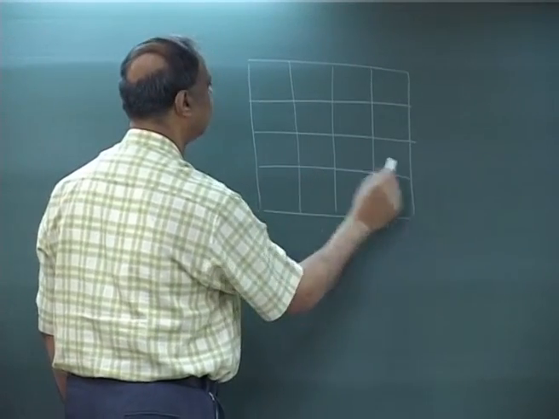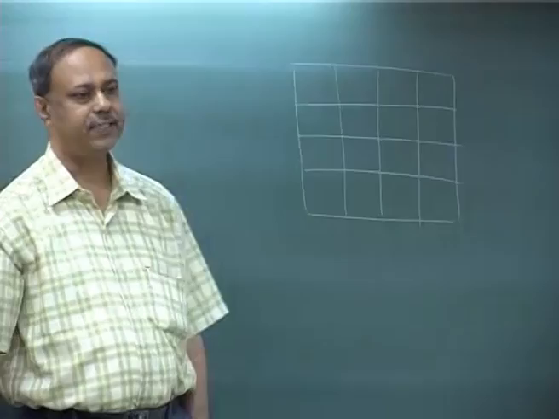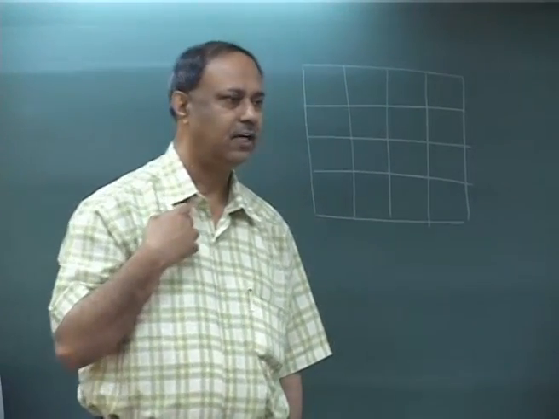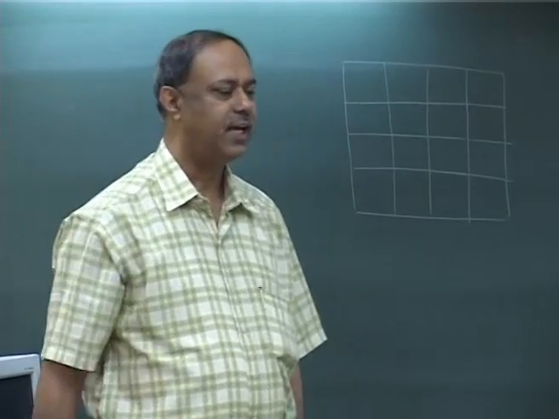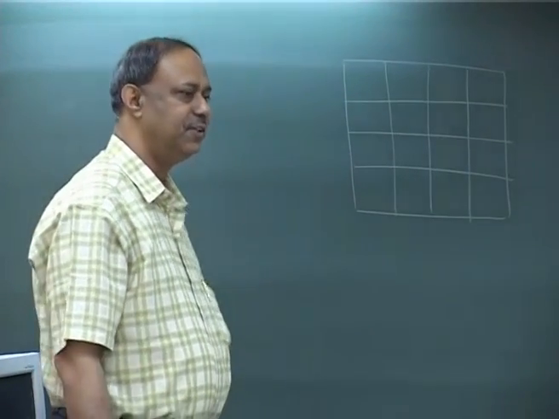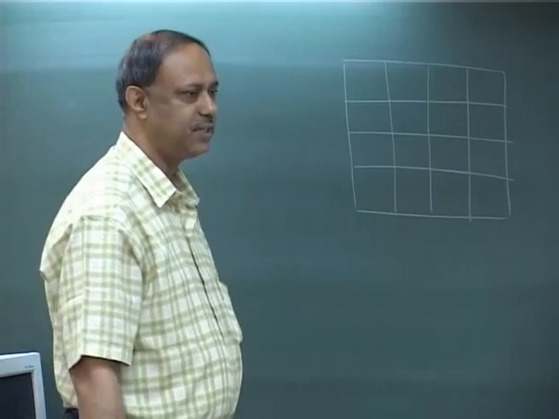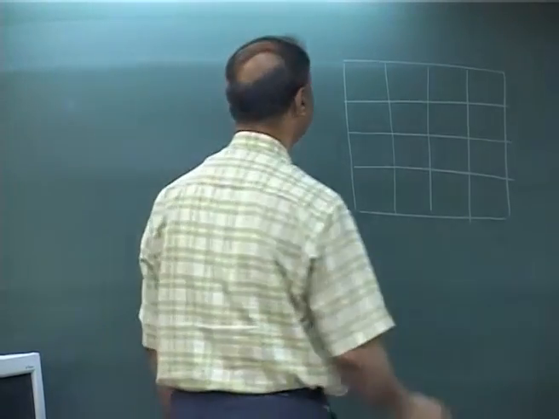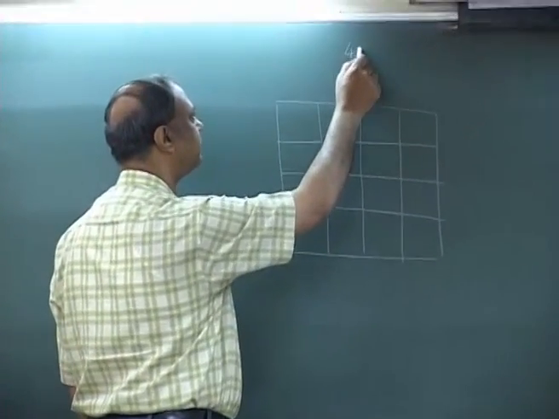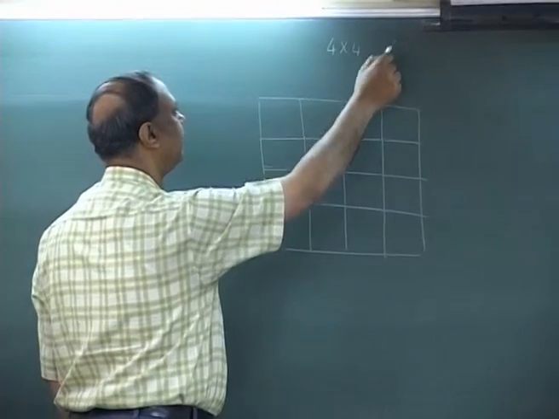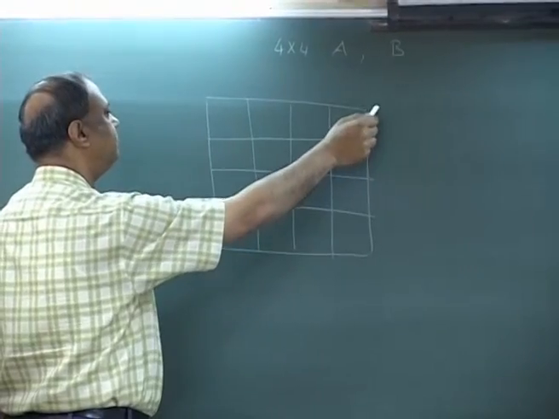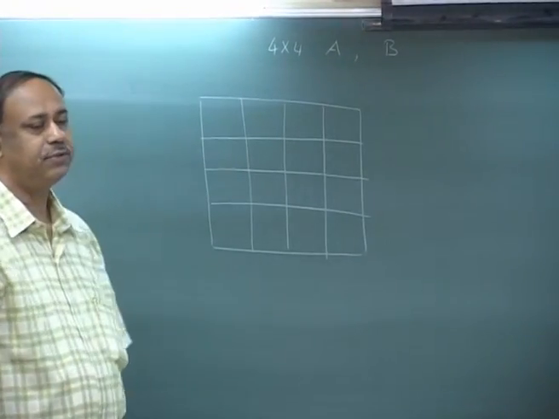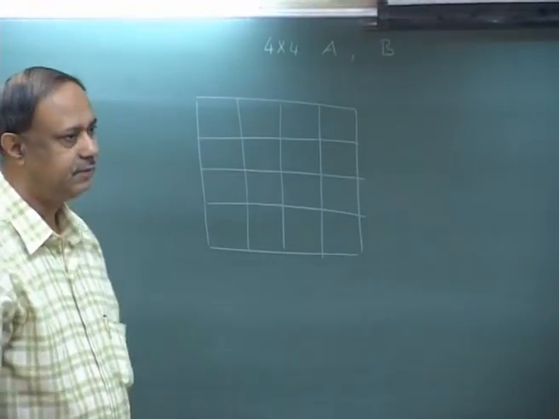For simplicity, let us consider a 4x4 matrix, and I would like to give n cross n matrix multiplication as a home assignment. So I am assuming there is a 4x4 matrix A, and another one B, and the model is a wraparound mesh.